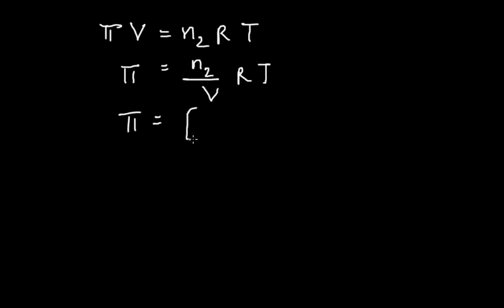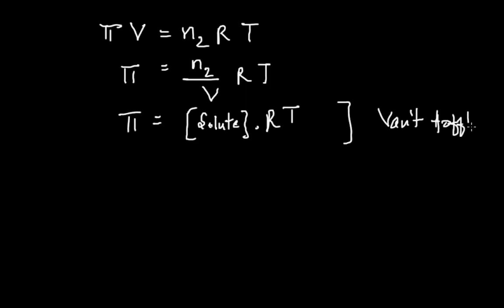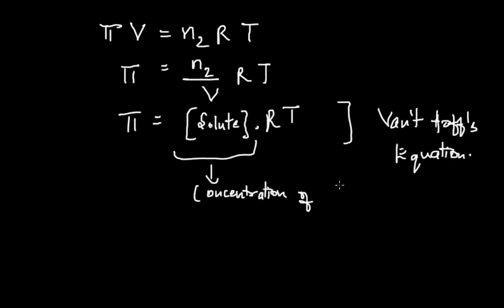So this n2 by V is the concentration of solute, times RT. This relation is called Van 't Hoff's equation. Where the concentration of solute may be represented as C2, so pi is equal to C2 RT.